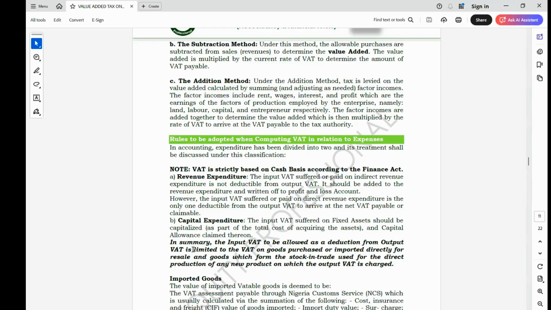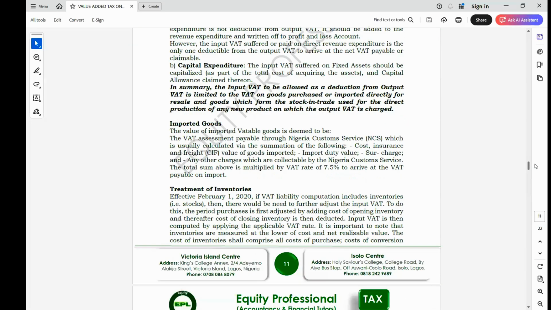That cannot be a direct expenditure to them. So an expenditure that is direct to one company can be indirect to another company. So the determination of direct and indirect depends on the nature of business performed by that vatable or taxable person.